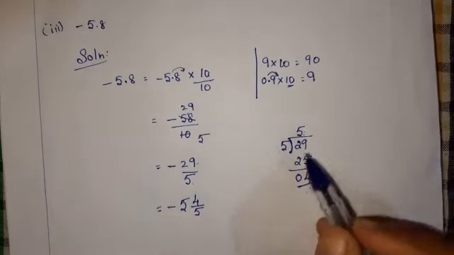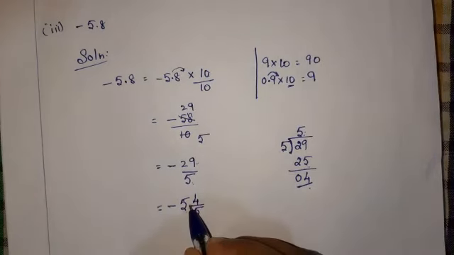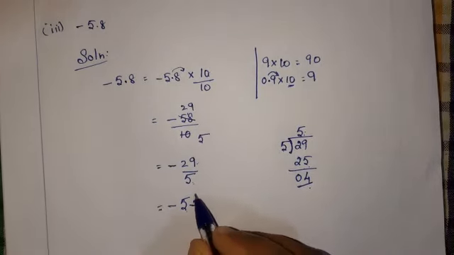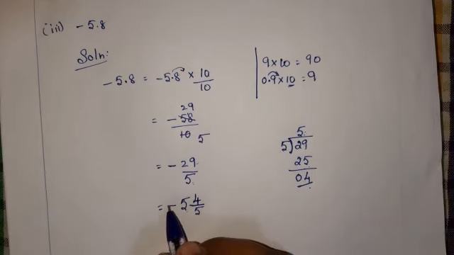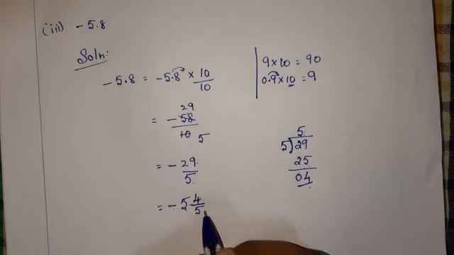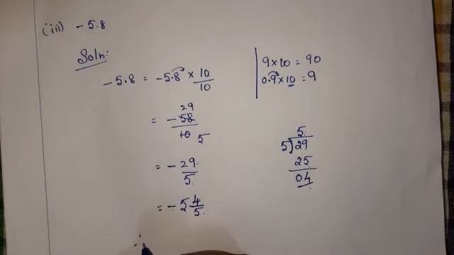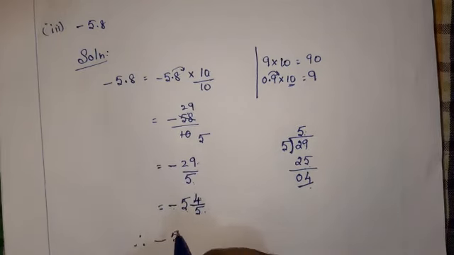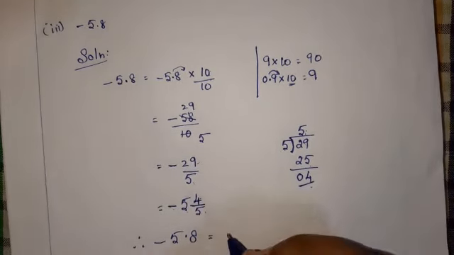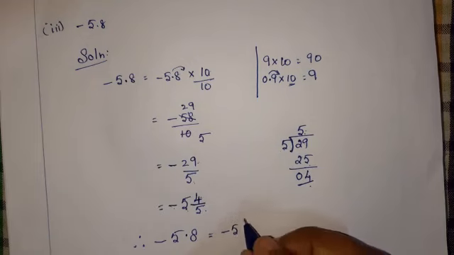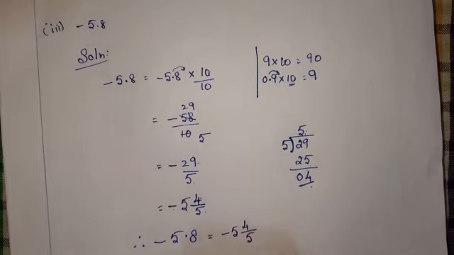Write the quotient first, then draw the line like this. Write the remainder here, write the divisor here. You have to write like this, minus 5 4 by 5. Therefore, minus 5.8 can be written as minus 5 4 by 5. That's all.